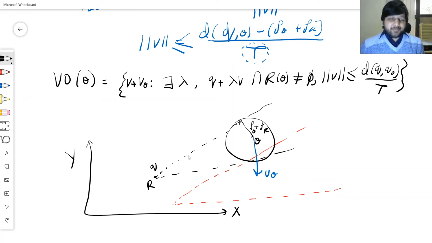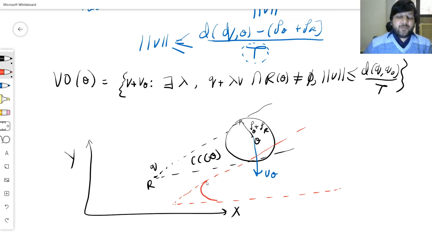So this was my collision cone of O. This was previously my collision velocity obstacle. Now what I'll do is, within this, I will eliminate speeds such that the agent cannot collide. Now, if I take extremely small speeds, the collision will not happen in t time.